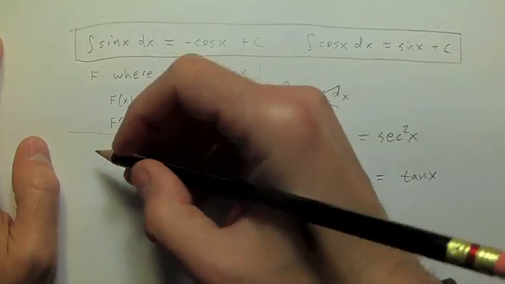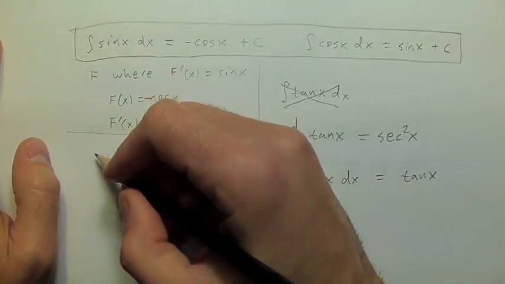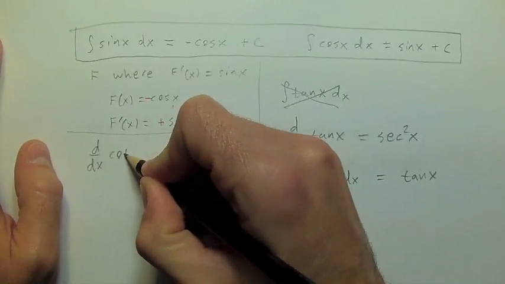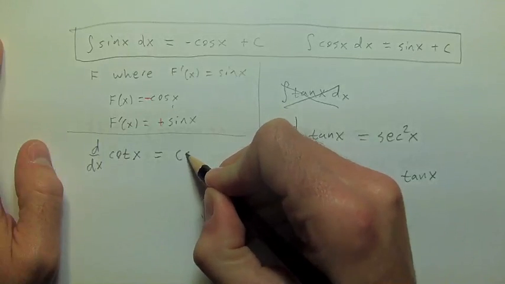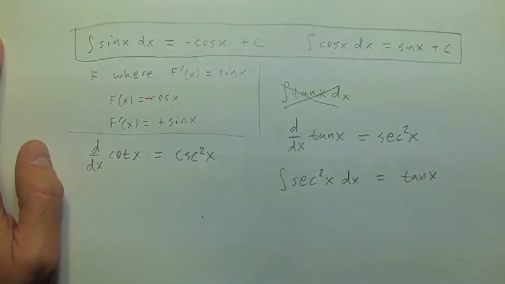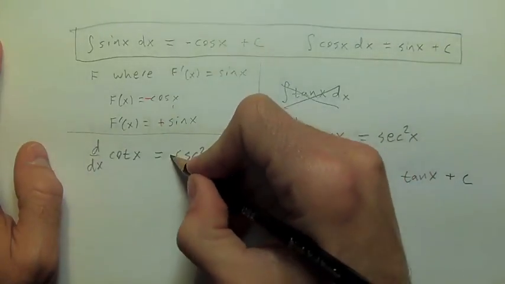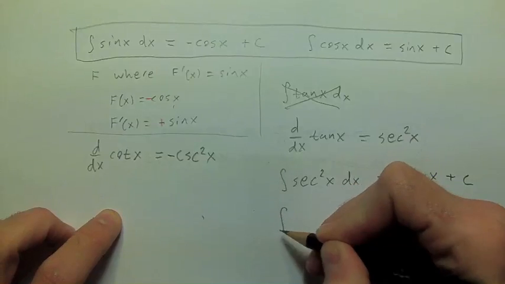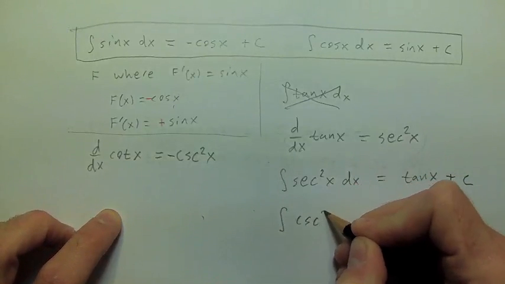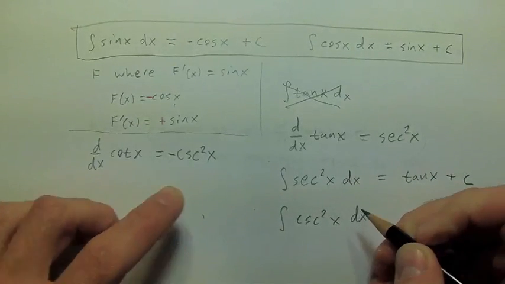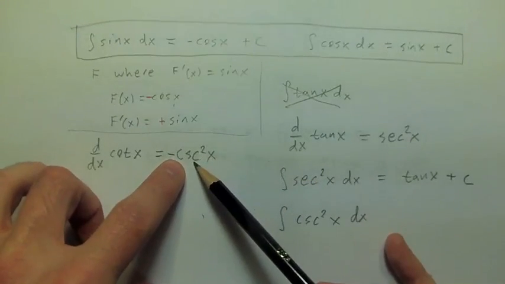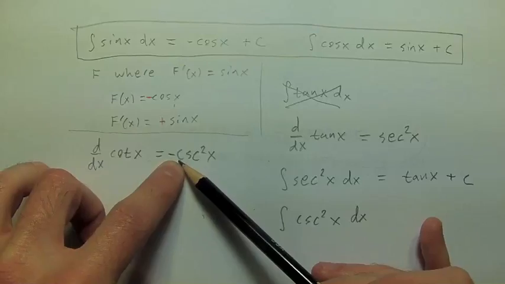We know that the derivative of cotangent x is negative cosecant squared x. Okay, and we need to put a plus c in here. Then I can say that the integral of cosecant squared x dx, I don't have the negative here, so I can move it over.